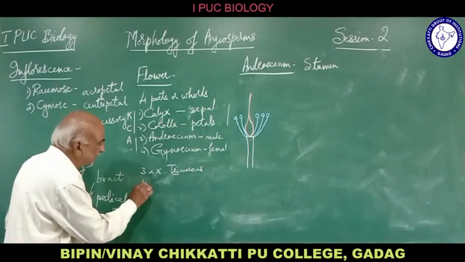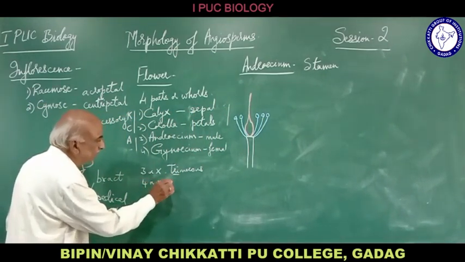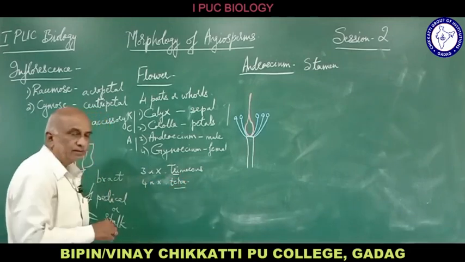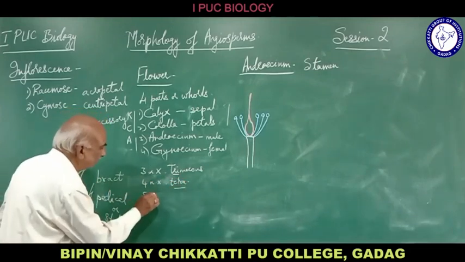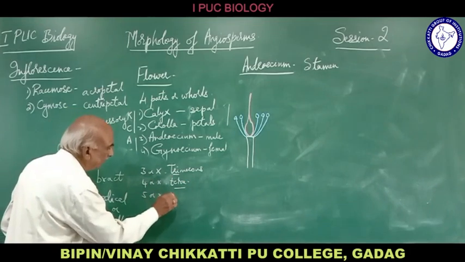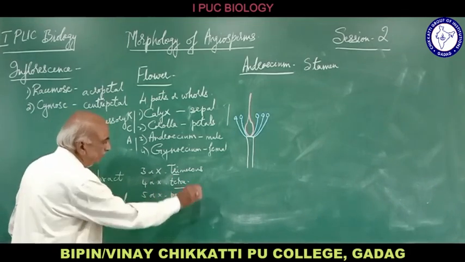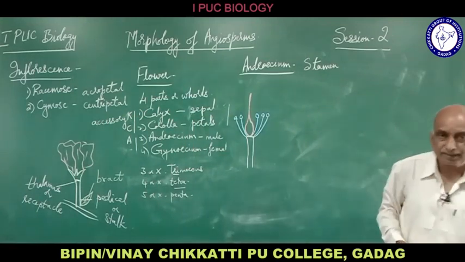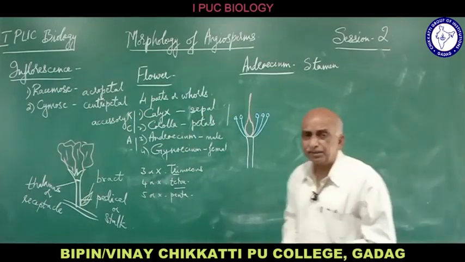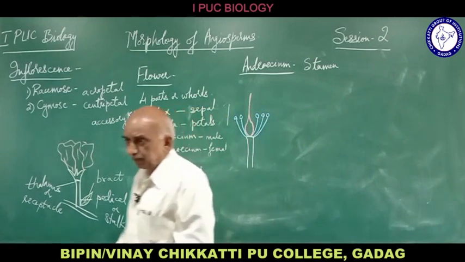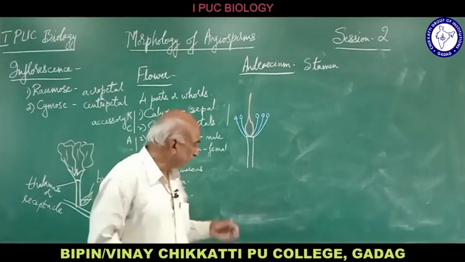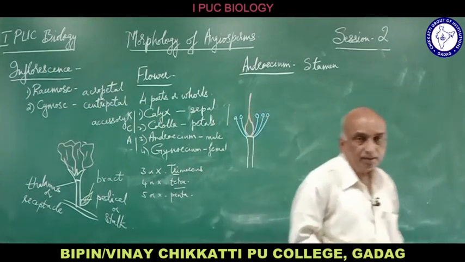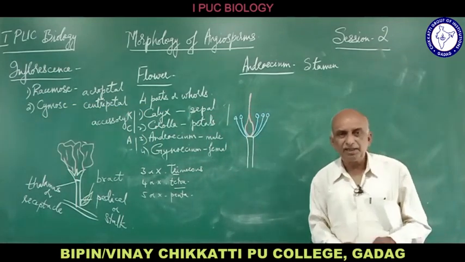Same if it is 4 or multiples of 4, tetramerous flower, and similarly 5 or multiples of 5, pentamerous flower. Usually trimerous flowers and pentamerous flowers are common. Tetramerous and even hexamerous, 6 or multiples of 6, may be present, but they are very rare.